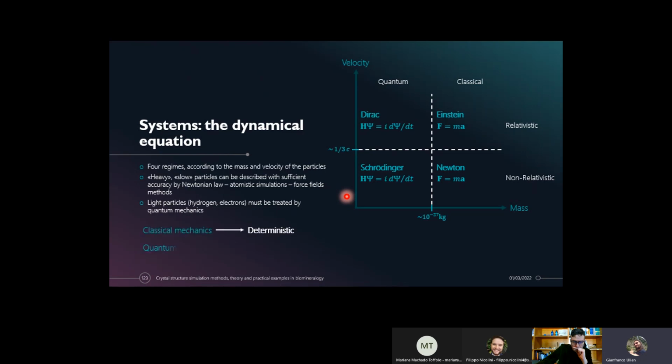Very briefly, classical mechanics is deterministic, so you have a formulation and you can know in a determined way where your system is and how it is moving. In quantum mechanics, the interpretation is deterministic, but the solution of the dynamical equation is probabilistic.